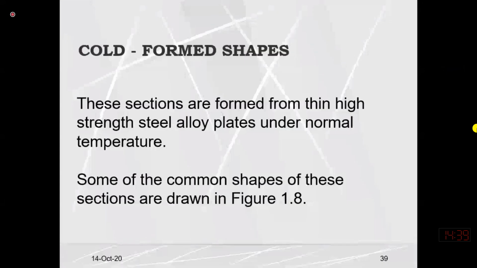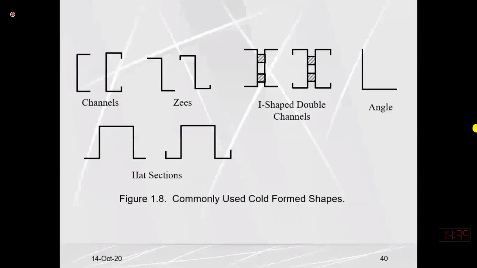Then we have the cold form section. These cold form sections are actually steel sheets. We cut the steel sheets into different sizes, and then we press them to obtain different shapes. We can press the edges to make a channel shape. We may have some projected portion, and at the end we may have a simple Z section with some projection.